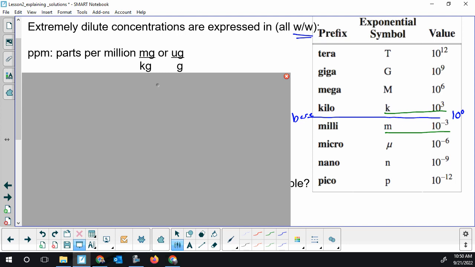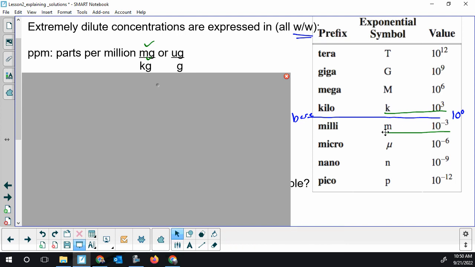There's a 6 power difference here, which 6 powers is a million. So one option is to use milligrams over kilograms. We'll do parts per million. Okay? 1 milligram in a kilogram is 1 in a million.